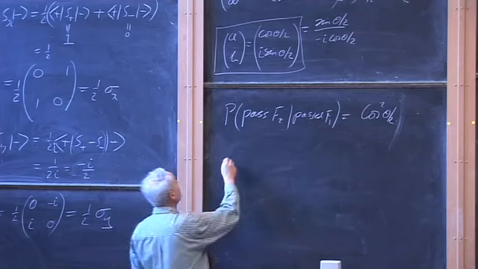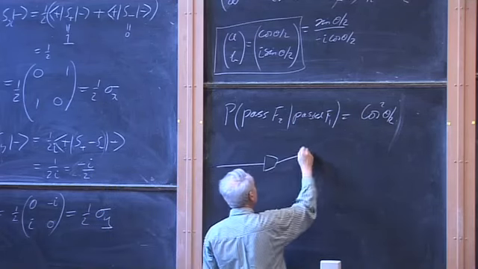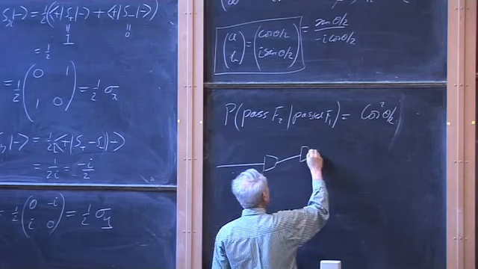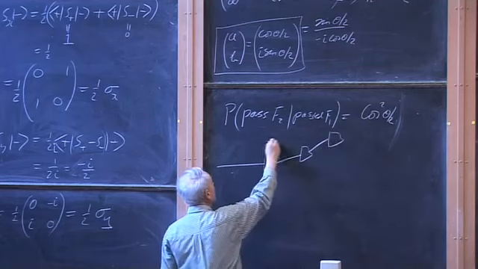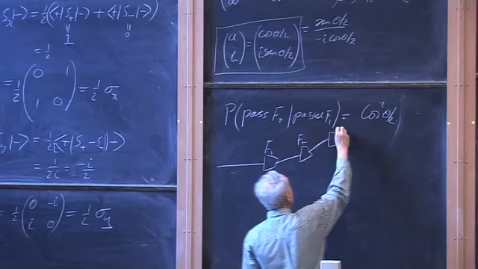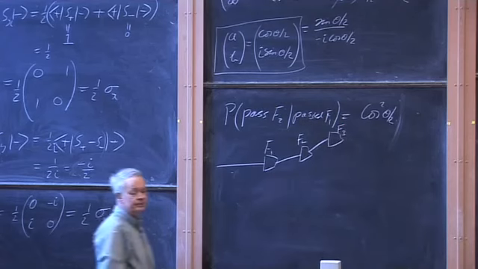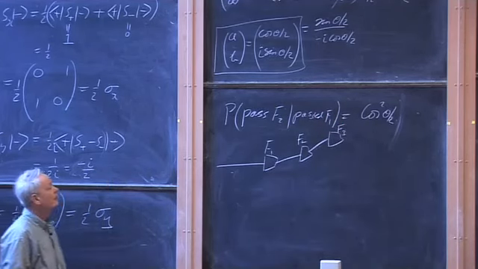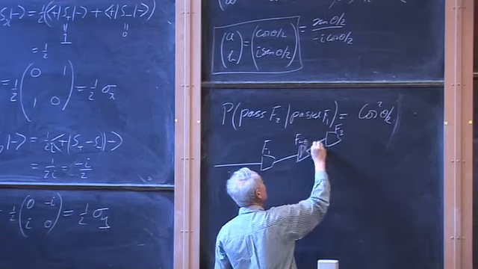Okay, suppose we now have, we won't do this in all detail, but let's just sketch it out. Suppose we have another filter. So we have F1 as before. We have F2 as we've just calculated. Now suppose on the output of F2 we include F3. So this one is going to measure in the theta direction, as said.